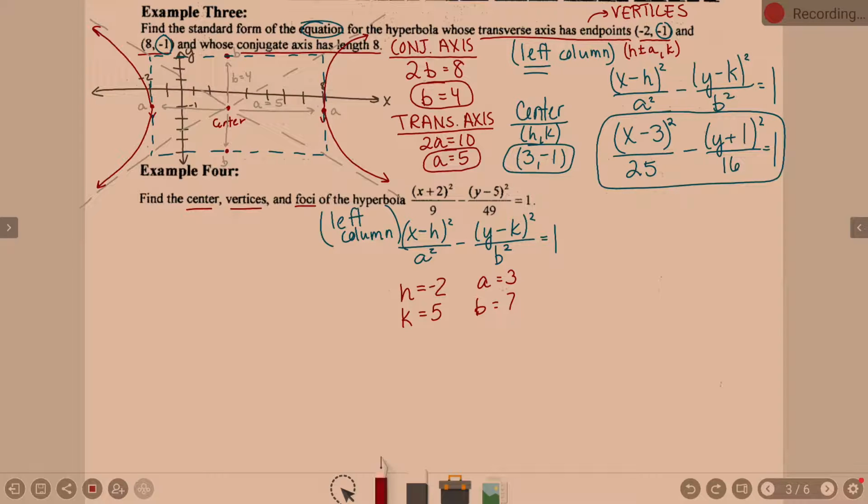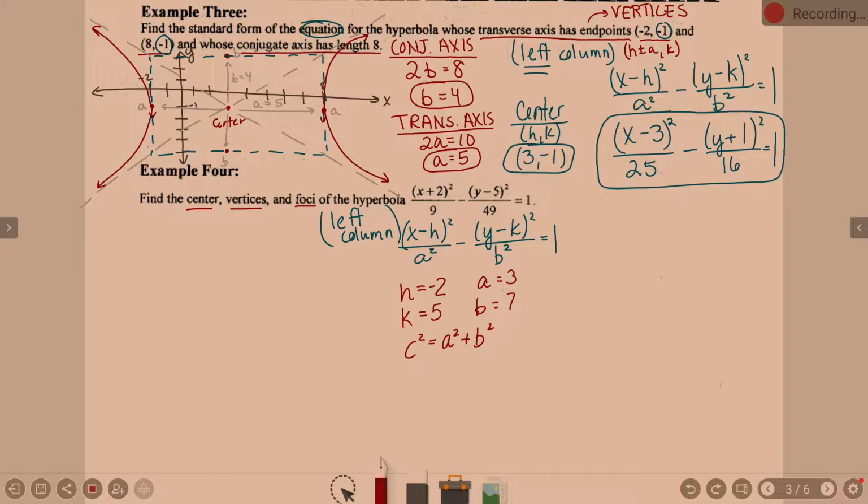Am I going to have to know c? Yeah, we're going to have to know c because I see the word foci. Anytime I see the word vertices, I think a. Anytime I see the word foci, I think c. So what is my Pythagorean relationship for hyperbolas? C squared equals a squared plus b squared.